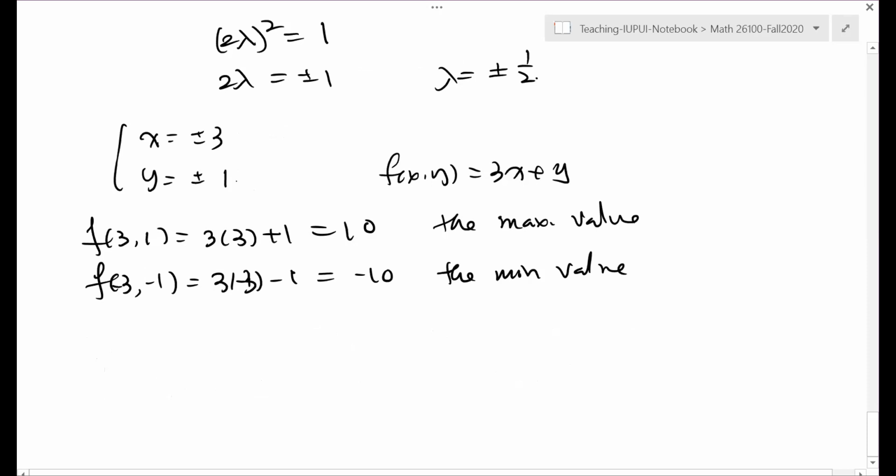Now we can go to a higher dimensional case, like three. I'm going to do one more example, then we look at the three-dimensional case, a function with three variables.